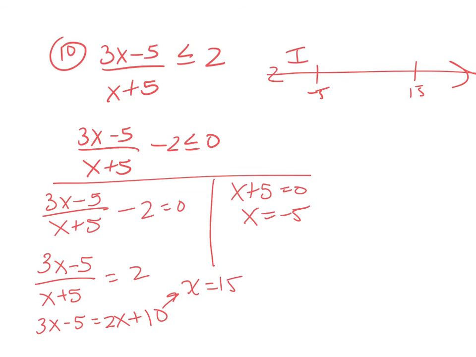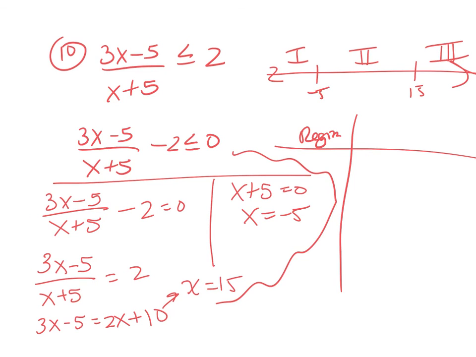I have 2 regions. 3 regions, I'm sorry. And so now we do our region study. So we look at our region. We look at 3x minus 5 all over x plus 5 minus 2, and we want to see when it's going to be 0. So let's pick, in region 1, let's pick negative 6.